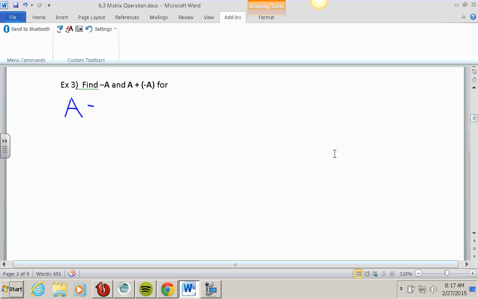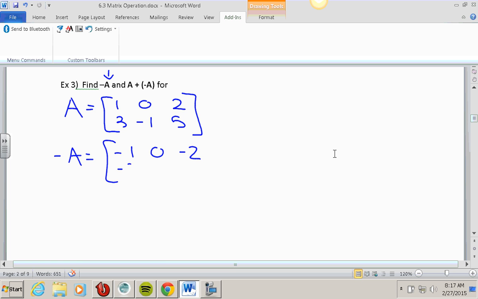So if matrix A is a 2 by 3, 1, 0, 2, 3, negative 1, 5, and I want negative A, all you're going to do is go ahead and change these. So I want negative A plus A. Remember, addition is commutative, so I can go ahead and just add A. We add their corresponding parts.